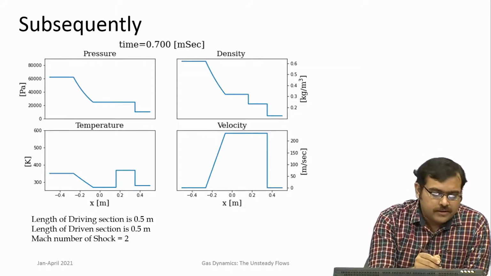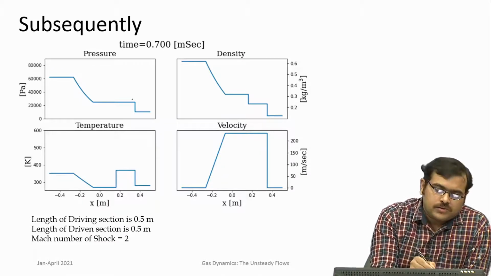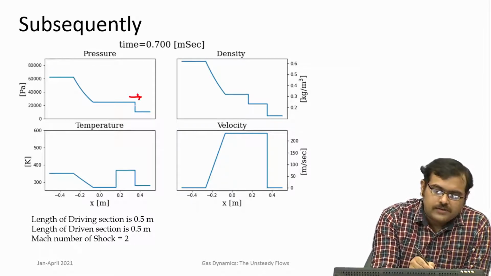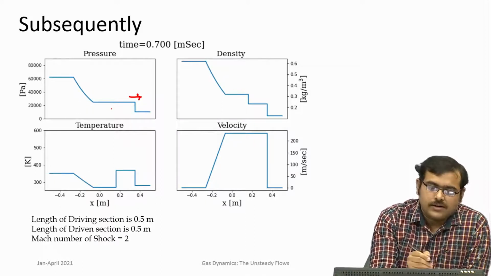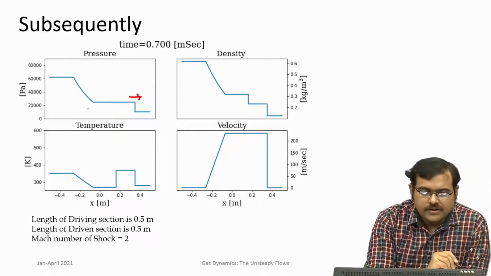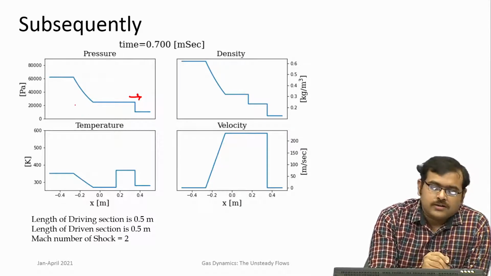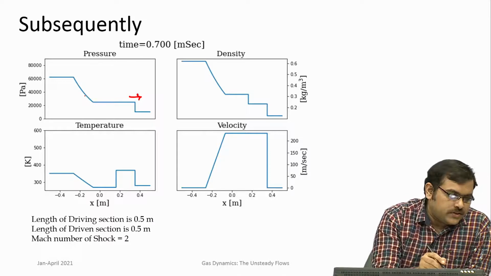So, if you look at the pressure, you can see that here you have the shock wave moving, suddenly the pressure increases across the shock, okay. And then you have the pressure remaining constant all through until the expansion waves, okay.